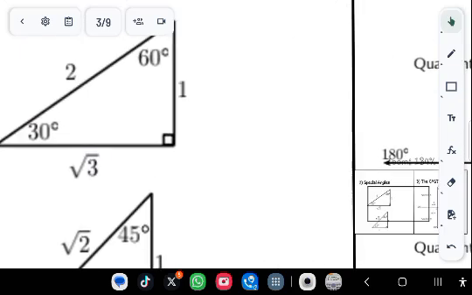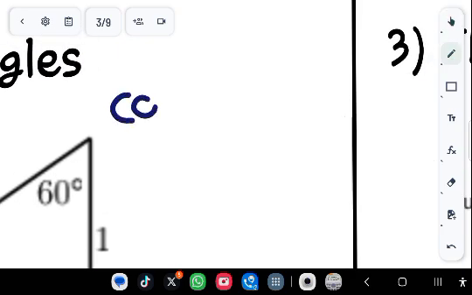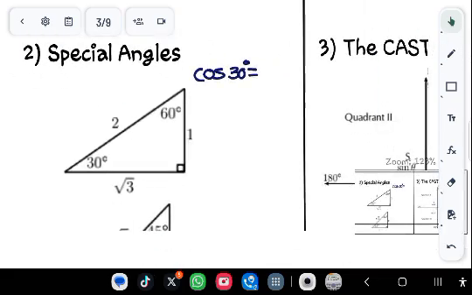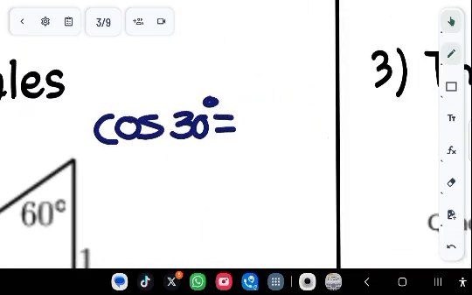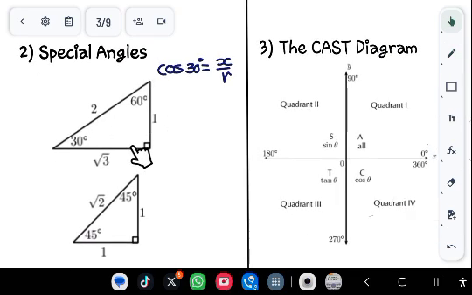Now, how do we use these special angles? It's very easy. The cos of 30 degrees, for example, will be equal to, remember, cos is x over r, which is adjacent over the hypotenuse. So what you do is you choose the special triangle that has the angle that you need to calculate, in this case, 30 degrees.